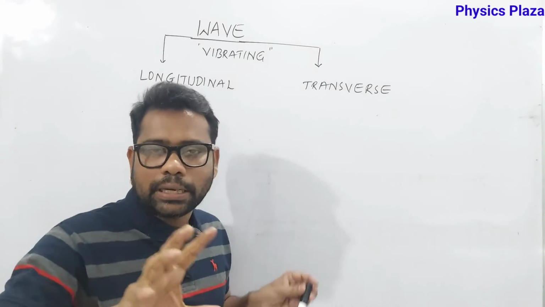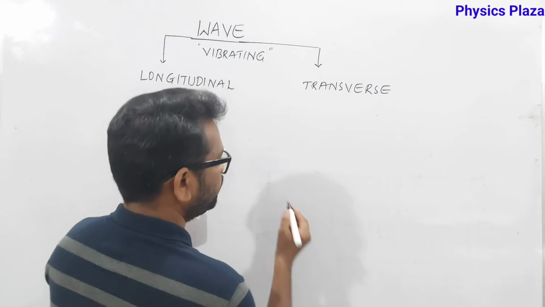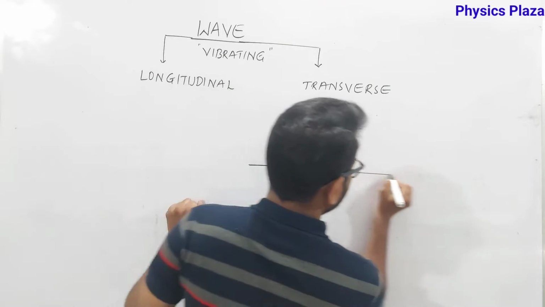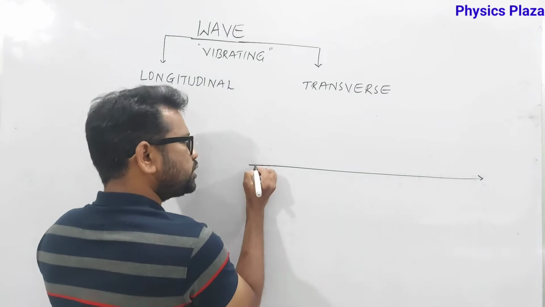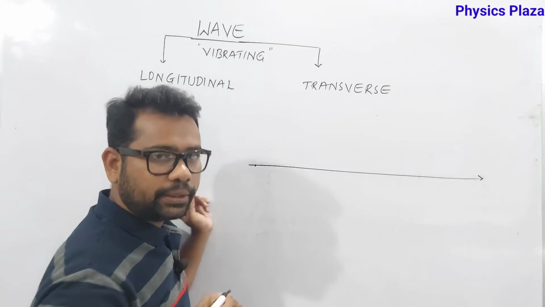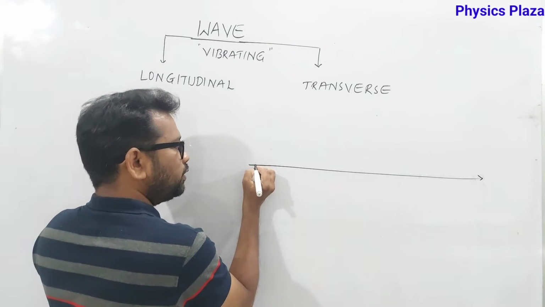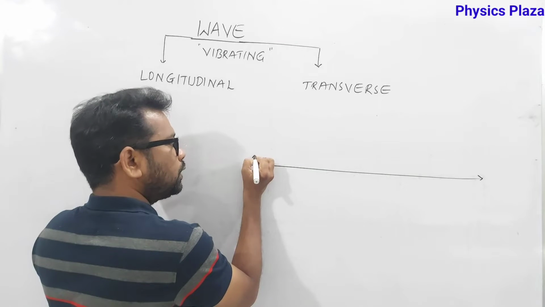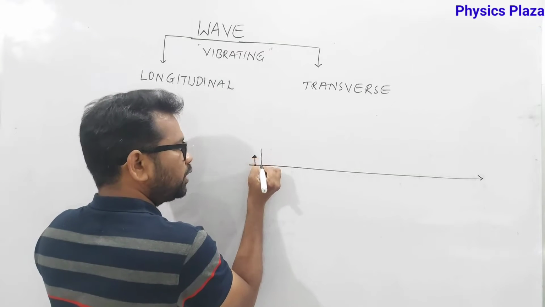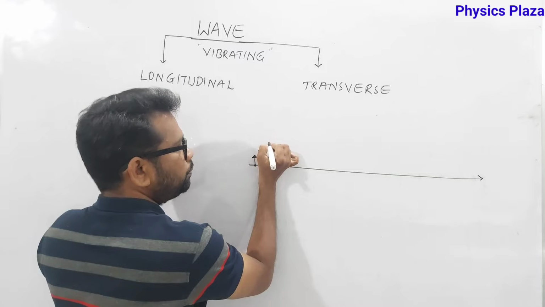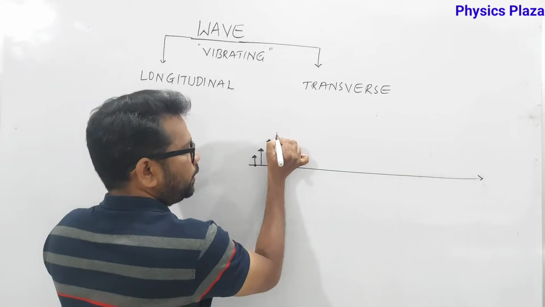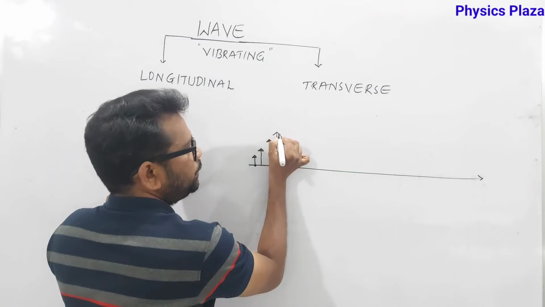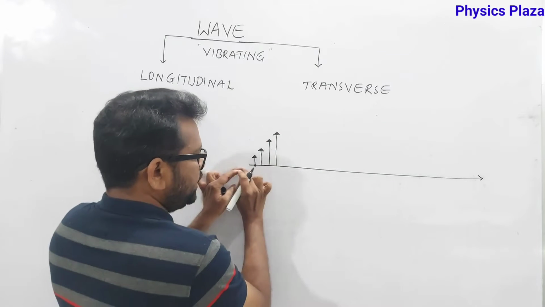So now we'll see how we can represent a wave. Children, I'll try to give you an idea. Just follow it. Let us think of how a wave is propagated from left to right. Here all the molecules will be on this line. Let us say this is a molecule. It may go up like this. This molecule may go up, and one more molecule may go from here. Children, this is the mean position.